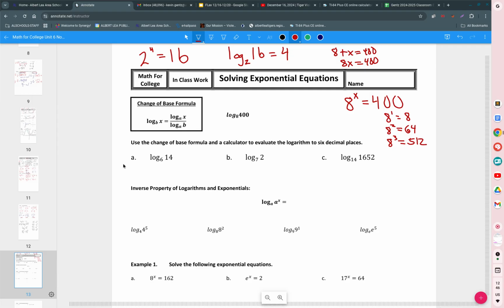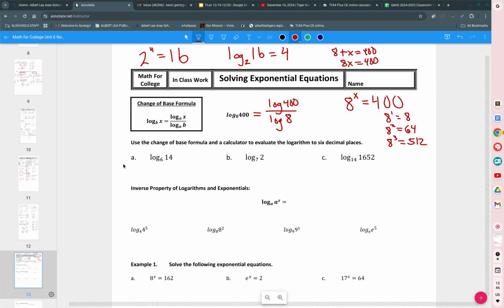And the way you figure it out is we're going to do this computation, log base 8 of 400. And the way that you do log base 8 of 400 is you do the log of 400 and you divide it by the log of 8. So what I need you to do is somehow on your calculator, I need you to do this.